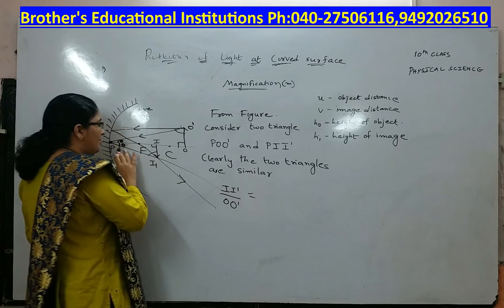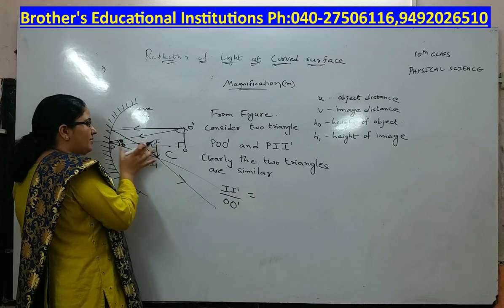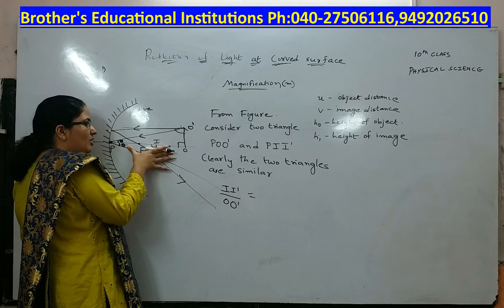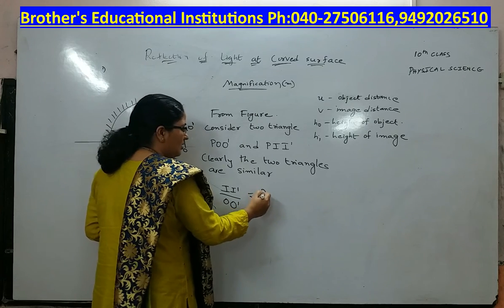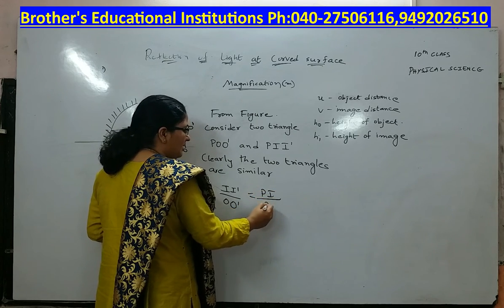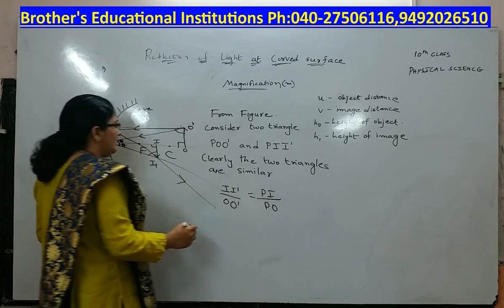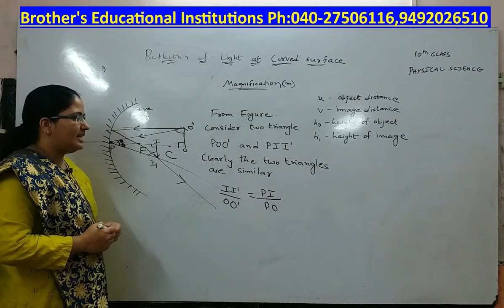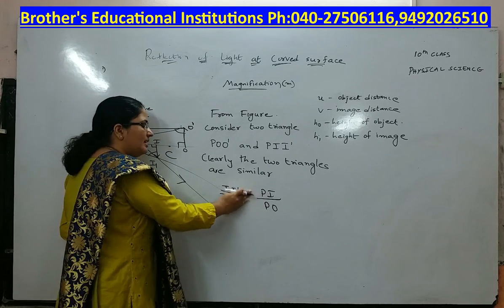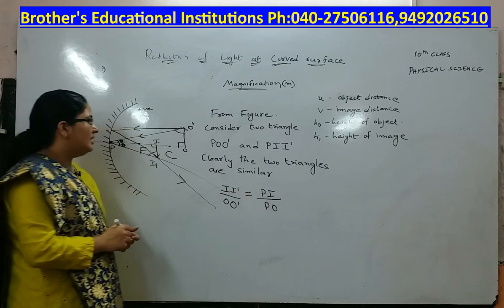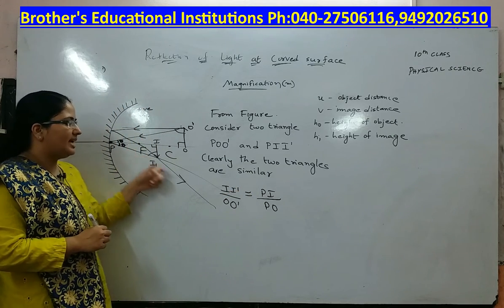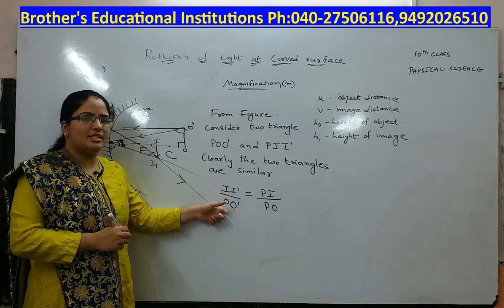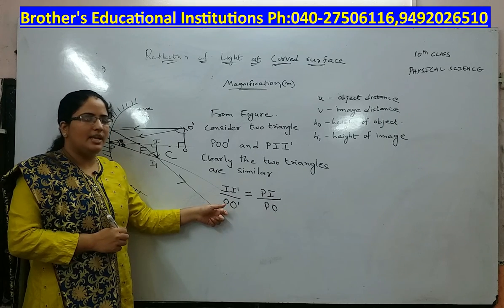Similarly, if I take PI in the smaller triangle, I have to take PO in the bigger triangle, that is PI by PO. We can write this only when the triangles are similar. Here, since these two triangles are similar, the ratio of lengths of their corresponding sides are equal.